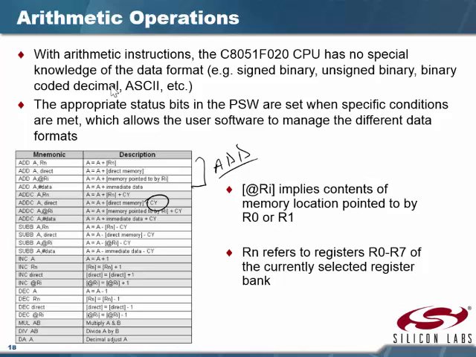Now, I should point out that there is no instruction for adding 2 4-byte numbers together. So if I gave you a lab assignment, you would have to write the code to do that, and it would require 4 different add instructions. That's a very simple program that you'll probably see in the next 2 weeks, probably right after the break, where you're going to be adding 2 4-byte numbers together.